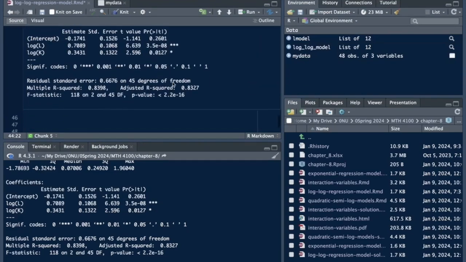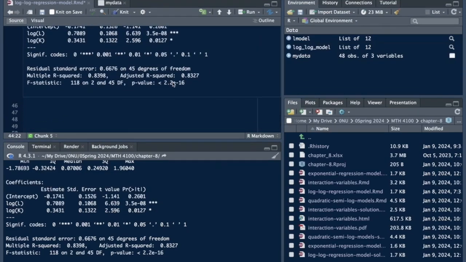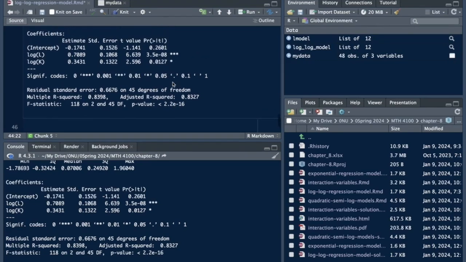To determine the predicted change in output if labor increases by 1% while holding capital constant, we look at the coefficient of log L, which is 0.70.